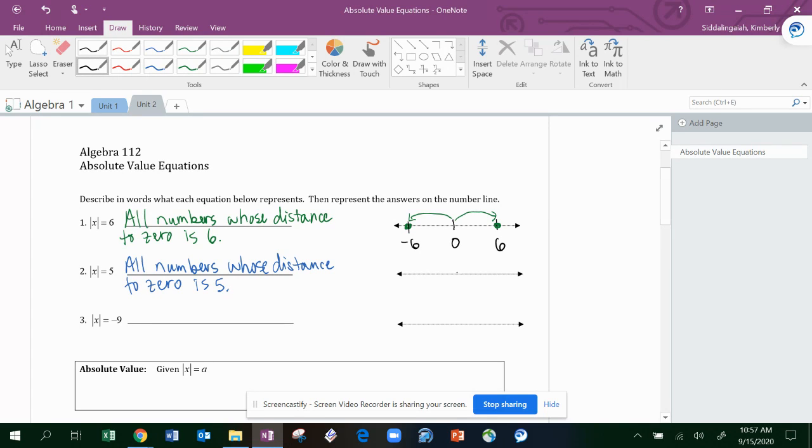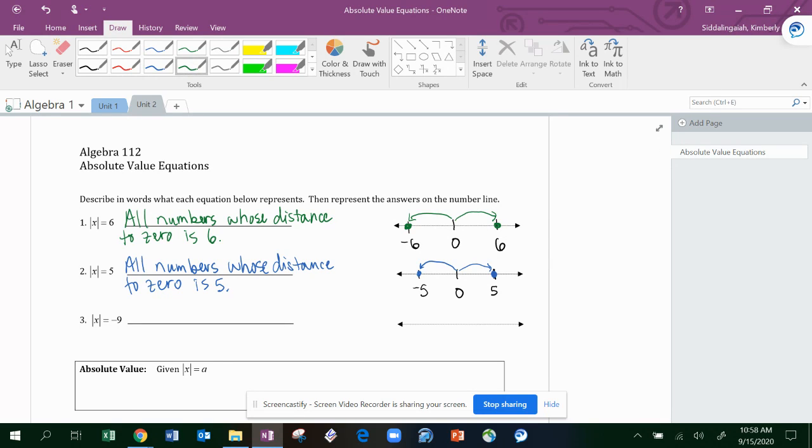So again, let's put a visual on this. If that's 0, I know that 5 is 5 units away from 0. So that would be one answer. But another possible value for x could be -5, because we could talk about 5 units to the left of 0 as opposed to 5 units to the right.